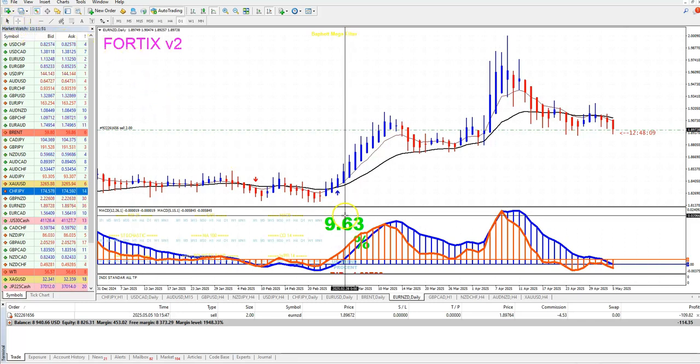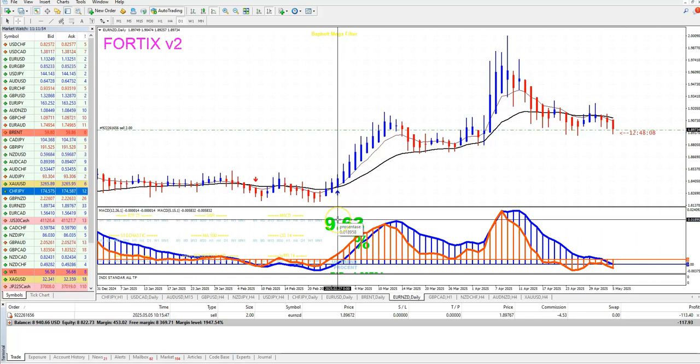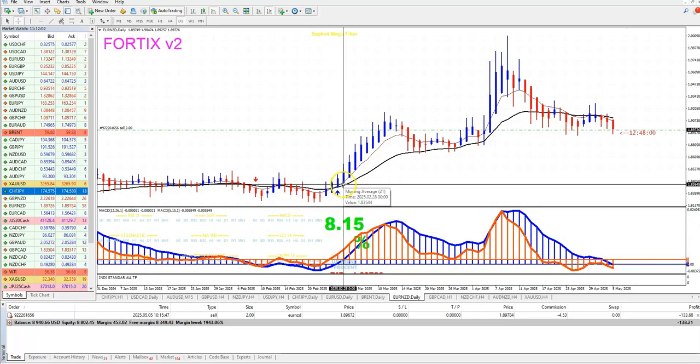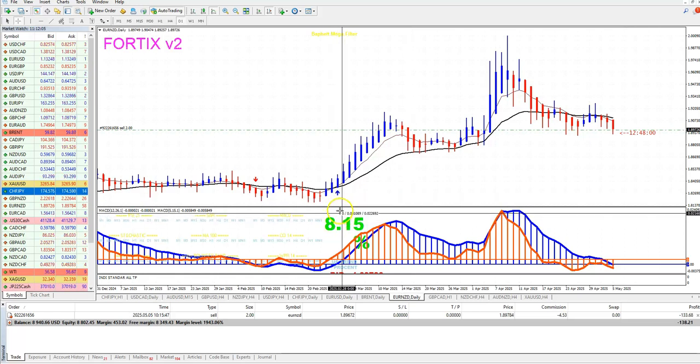You see, here we have a crossing, or maybe here. So you will wait for this cross, and here or here you will open the trade if this is 50 or higher. Then you are pretty sure. Then we have the arrow plus 3 confirmations at the same time, and it is very confident, very safe. You have a chance of nearly 90% to win the trade.